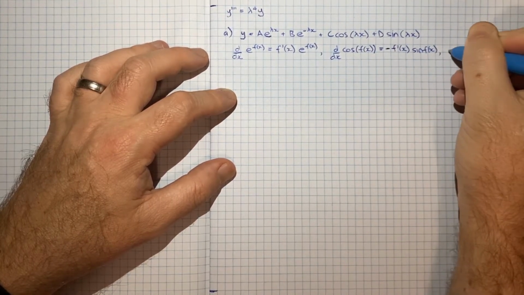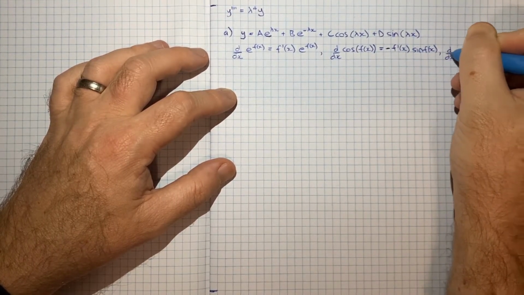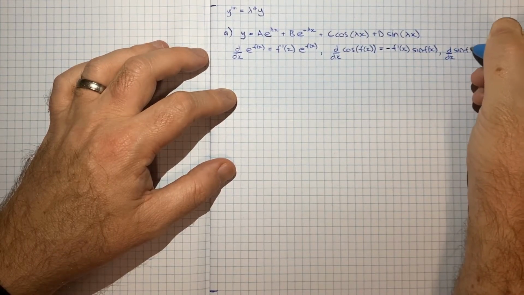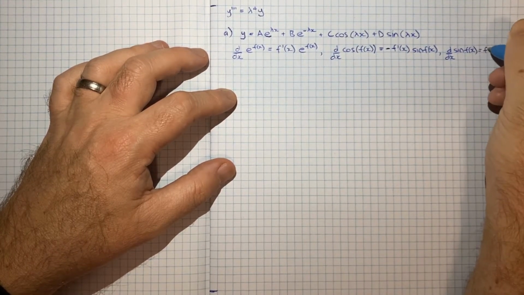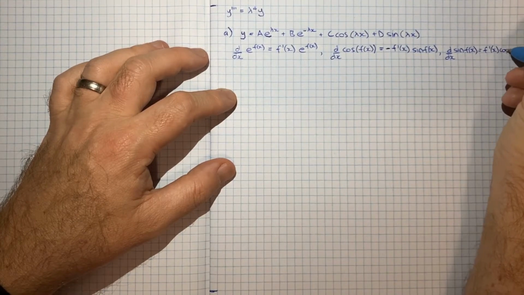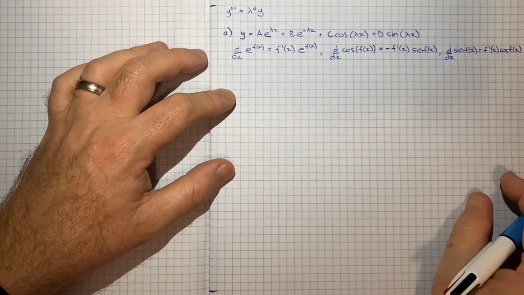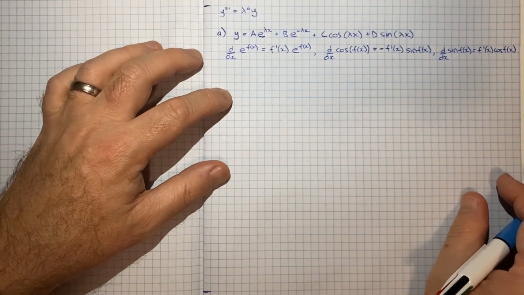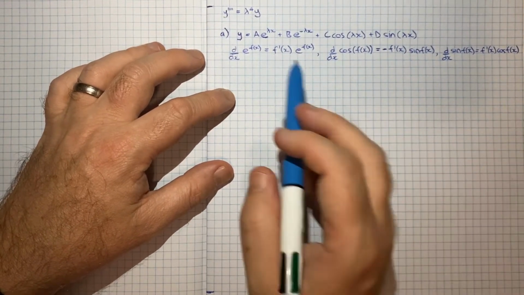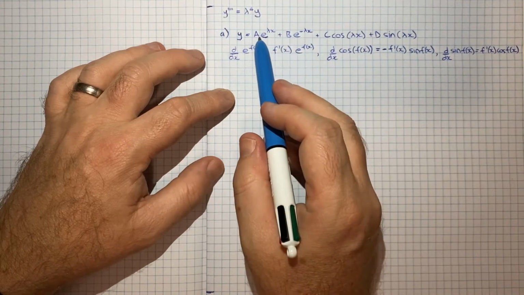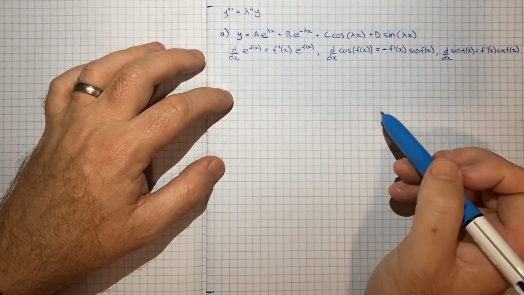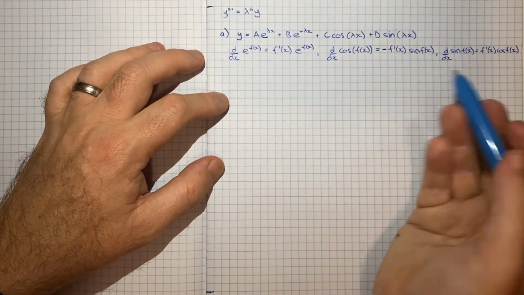And then finally, the derivative with respect to x of sin f(x) is equal to f'(x) cos f(x). So there are the three results that I think are going to help us when we're doing this differentiation process 4 times. So let's just work through it.